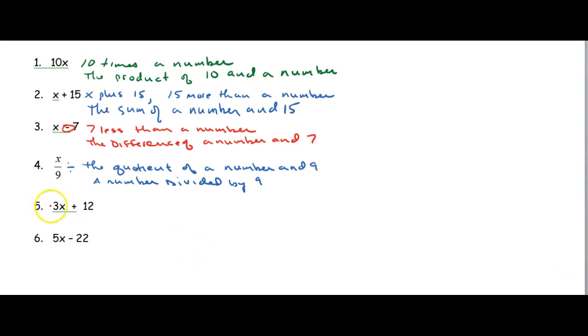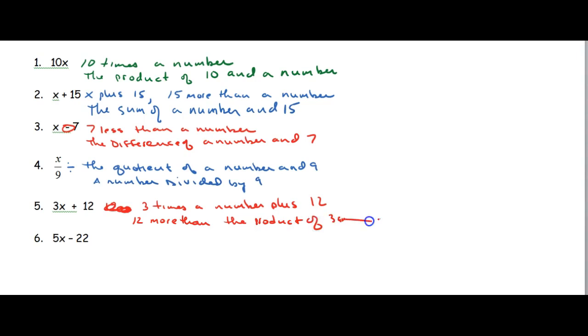So we can go 3 times a number plus 12. Or we can say 12 more than the product of 3 and a number.